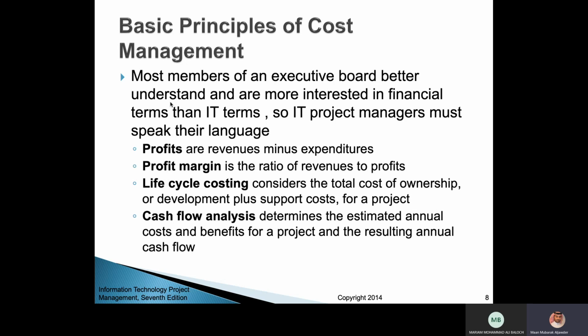During these 6 months, you spent some money on the licenses, on the computers you used, on the developers you hired. All these are costs. We call them the development costs. So this is part of the ownership of the application. To own this application, you need to develop it. So any cost related to the development is considered part of the life cycle costing.